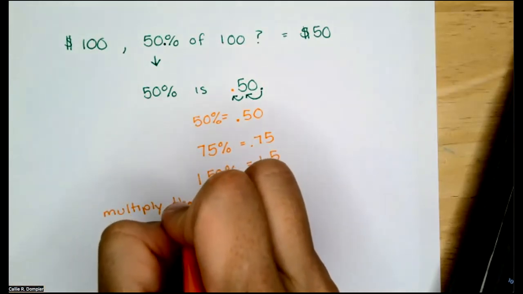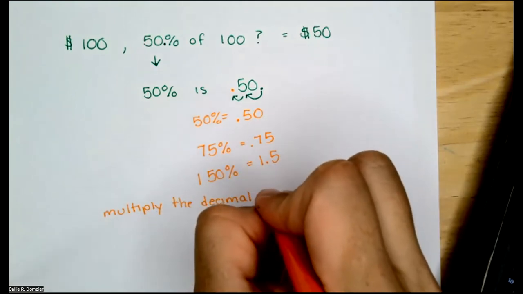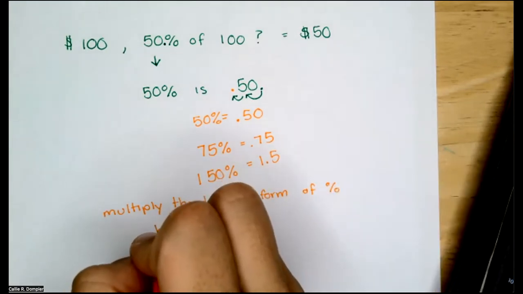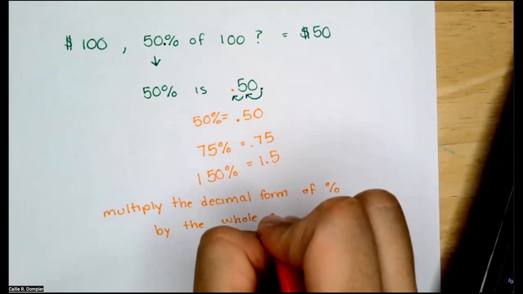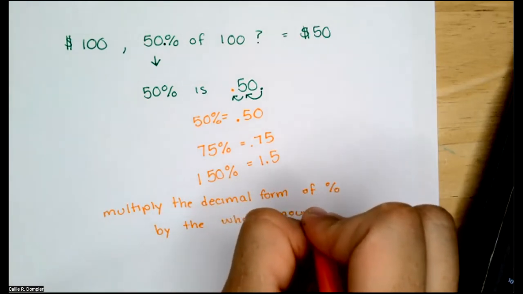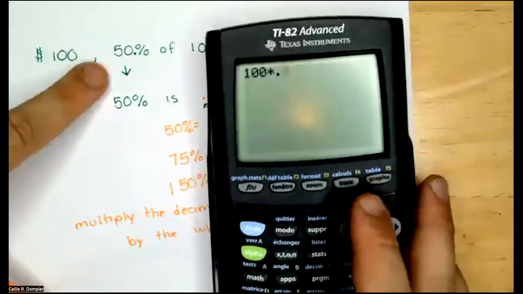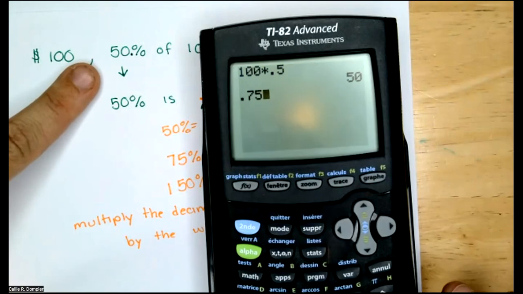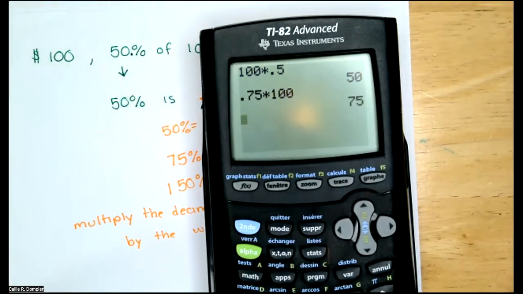Multiply the decimal form of the percent by the whole amount. Okay, so 50% of 100 is 100 times 0.5 or times 0.50, so we get 50. 75% of 100, see how I put 0.75, will be 75.